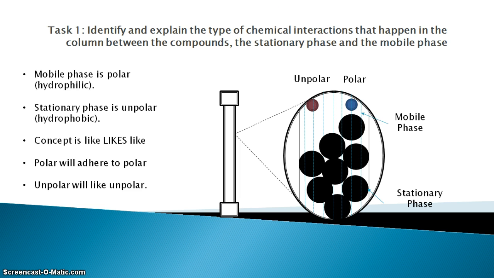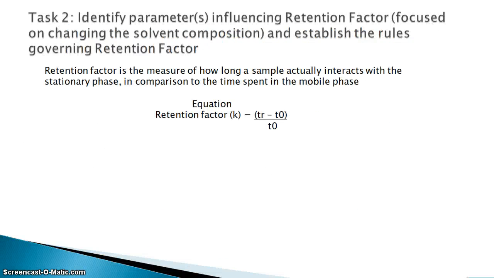So unpolar will like unpolar, and polar would adhere to polar. So if we had a polar compound, it would more likely not interact with the stationary phase and will just follow the mobile phase and be eluted very quickly.